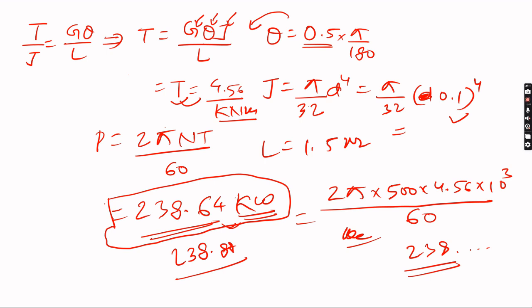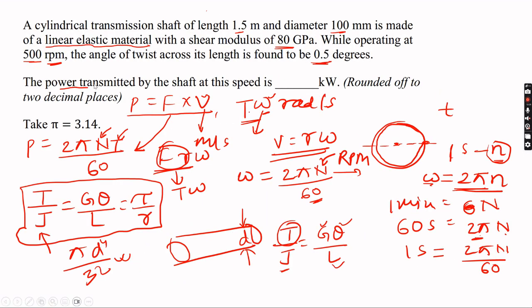So what did you learn from this question? First, concentrate on what they are asking in the question. What they are asking is power transmitted, and you will start from here. While solving the problem, don't bother about what is given and what is not given. In one question 100 things will be given, out of which maybe only 50 will be used, and the rest will be unused.